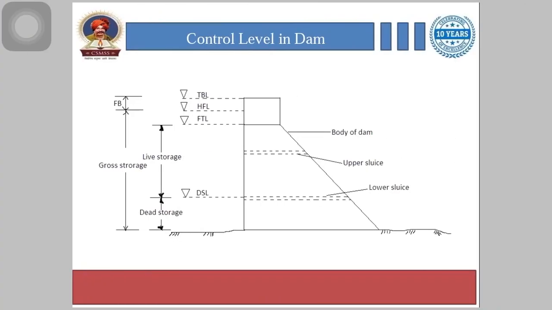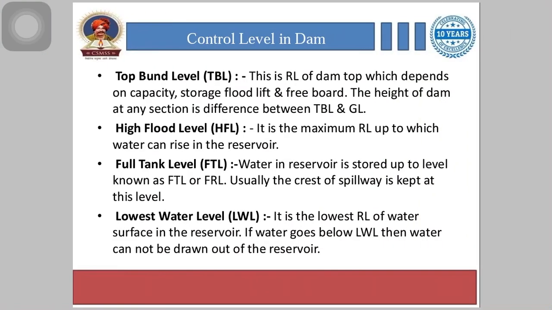Next are the control levels of dams. This diagram shows us the different control levels in the dam, that are TBL, HFL, FTL, DSL. We will see them one by one. First is TBL, that is top bund level.